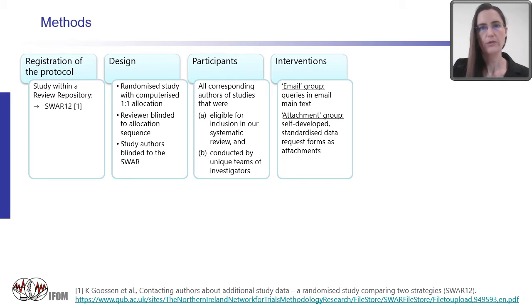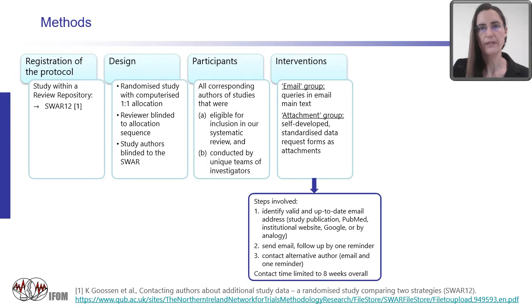To contact authors, we started by identifying a valid and up-to-date email address, either from the study publication itself or by screening other publications in PubMed, searching institutional websites, Googling, or even by analogy to other known email addresses from the same institution.